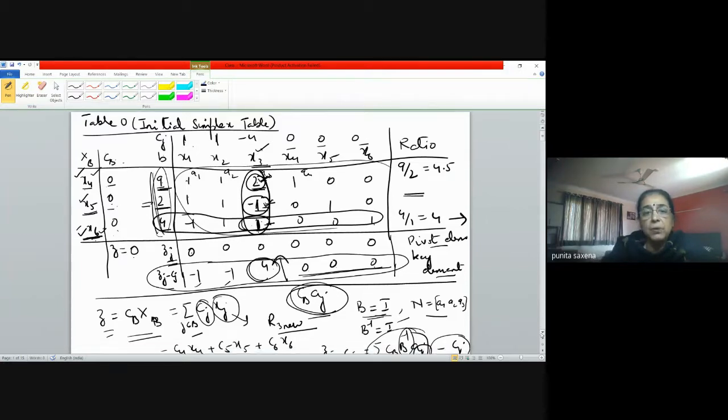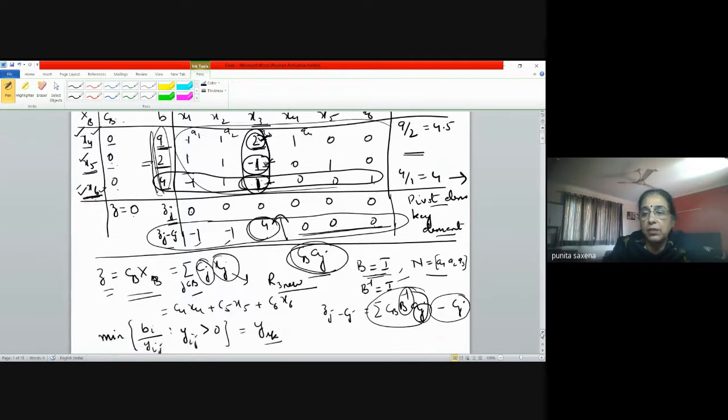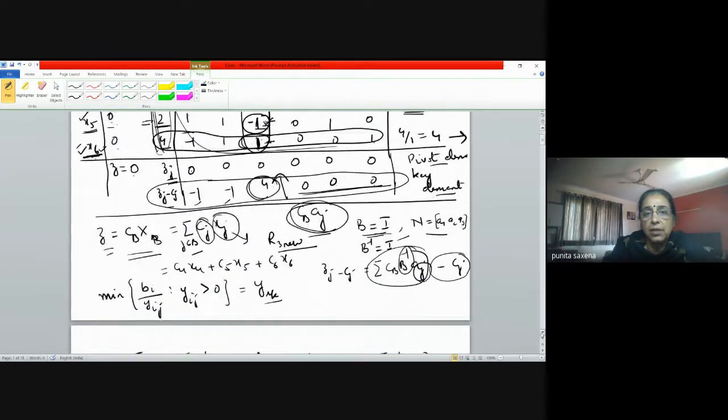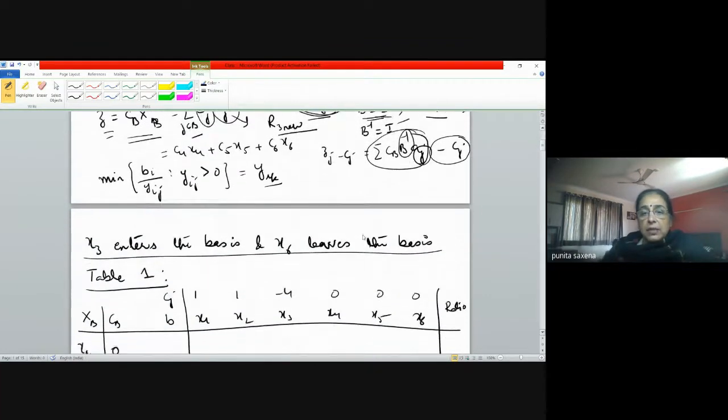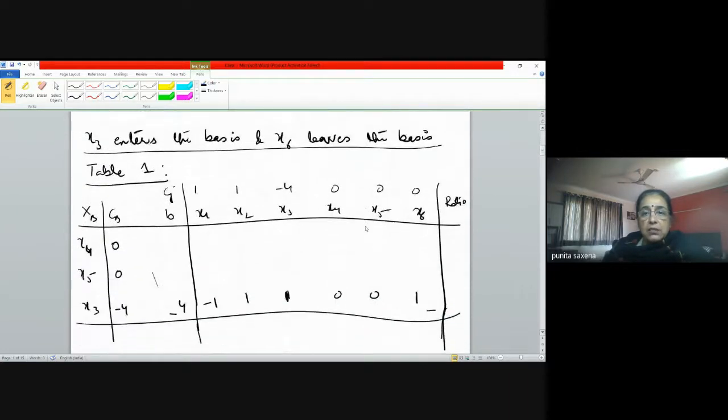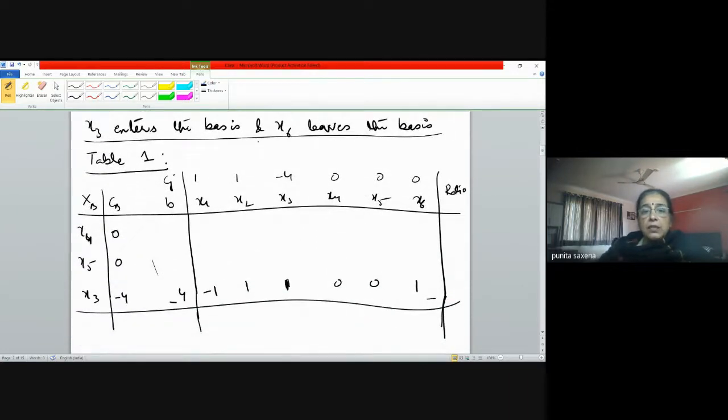I'm just writing the operations that we are going to perform somewhere down here, and then we'll see what happens. I am having problems because in your copy it will be written in front of you. I'm writing it in a small bracket here. So we are changing our R2 to R2 plus new R3, and R1 to R1 minus 2 new R3.